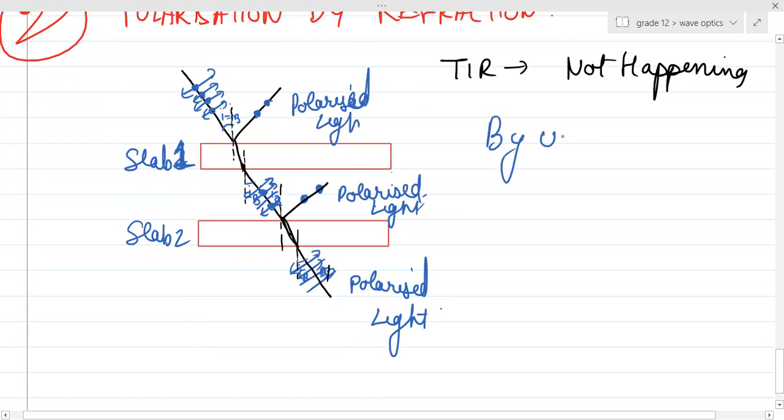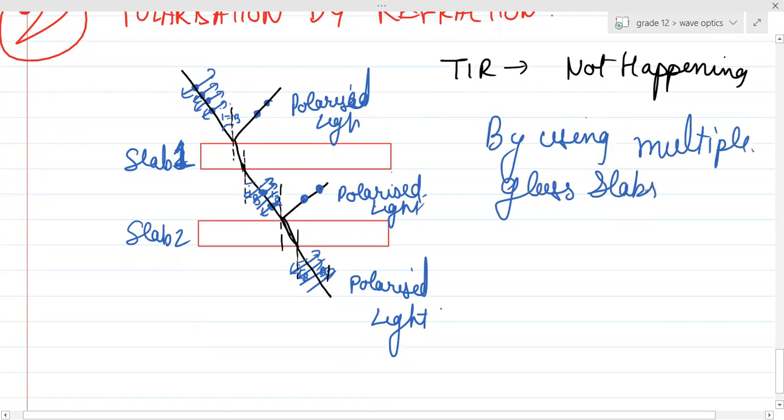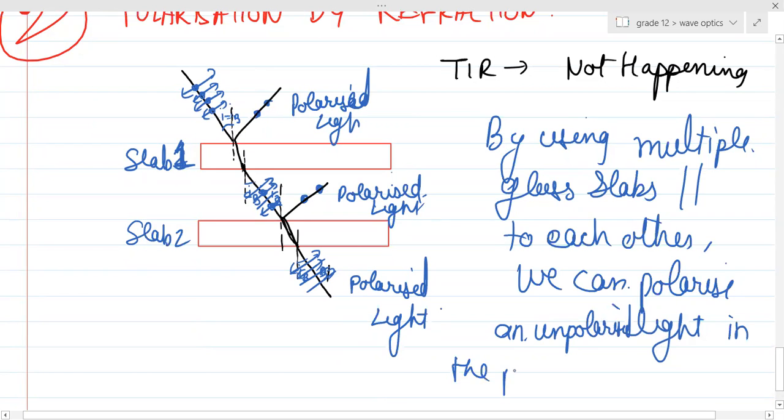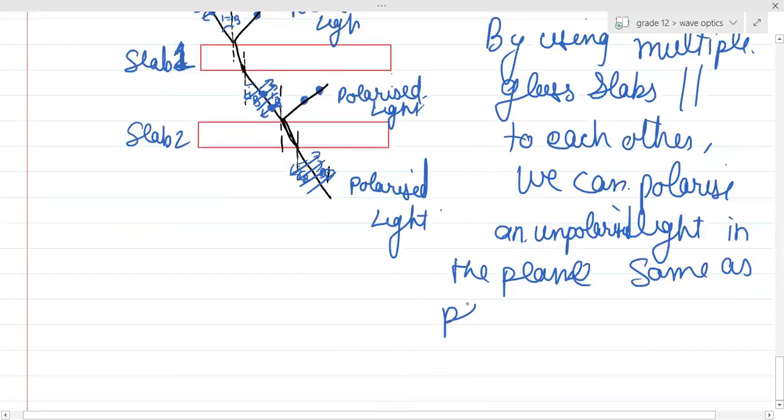So we can write: by using multiple glass slabs parallel to each other, we can polarize an unpolarized light in the plane same as the plane of incidence.